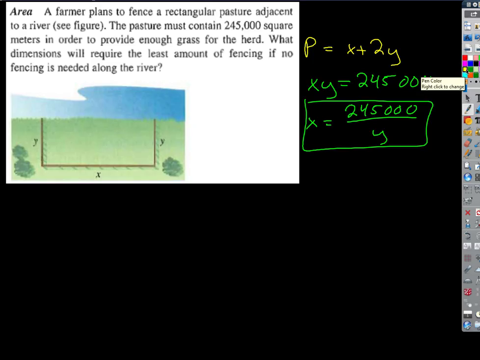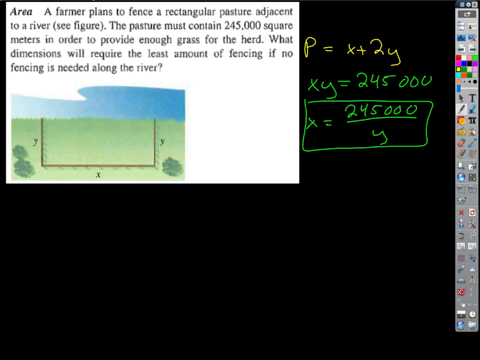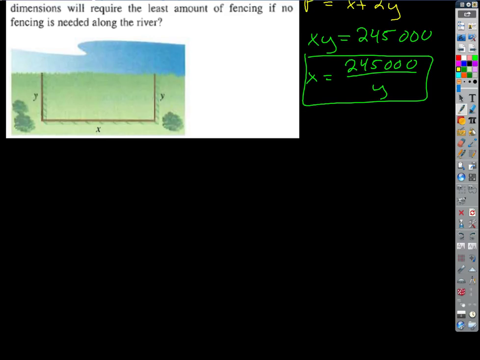That plus 2y. Okay, that plus 2y. All right. So then we're going to end up with P of y, that's going to be our independent variable, equals that plus 2y.